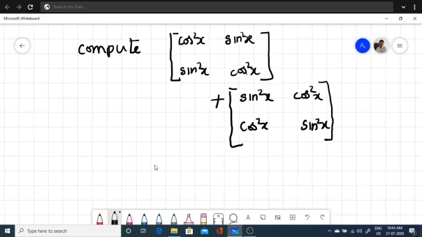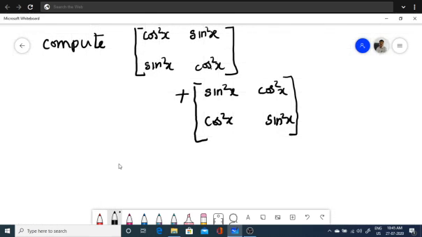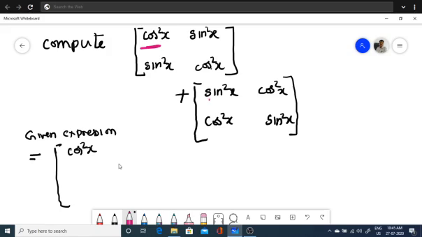So we have to compute these two matrices. We have to add them, both are of the same order, 2 by 2 matrices. So let us take the given expression and add the corresponding elements of A and B. So cos square x plus sin square x, and the corresponding element of sin square x is here cos square x.